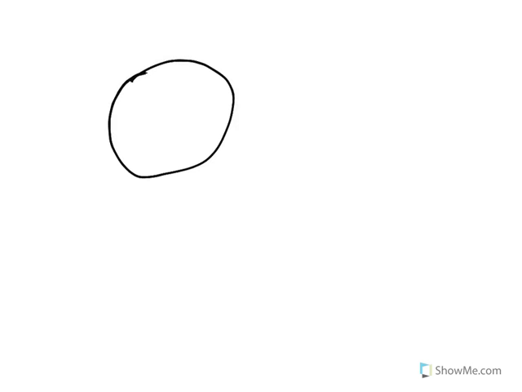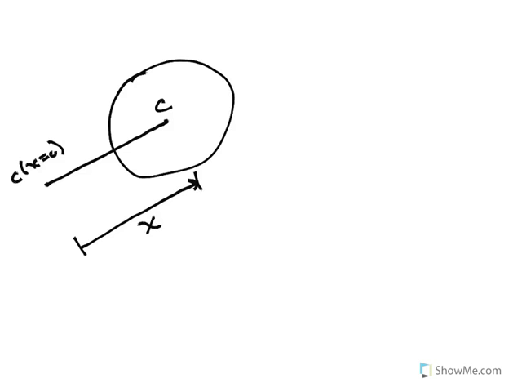The first coordinate system is going to describe the position of point C. C was somewhere when x equals 0, and this displacement up the incline is the distance that it has gone since it started. So that's x.